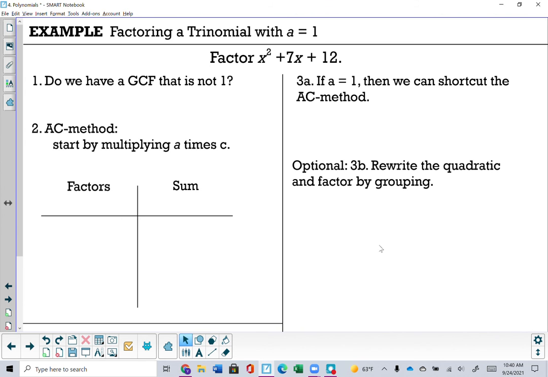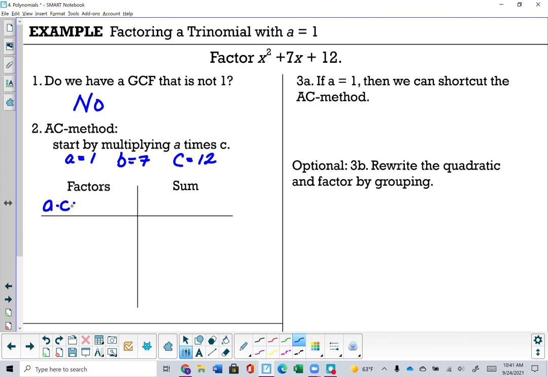All right, so I hope that you used the shortcut for this. So we can see we do not have a GCF that is not 1. We do have A is equal to 1. Love that. B is equal to 7. And C is equal to 12. All right, so now 1 times 12.